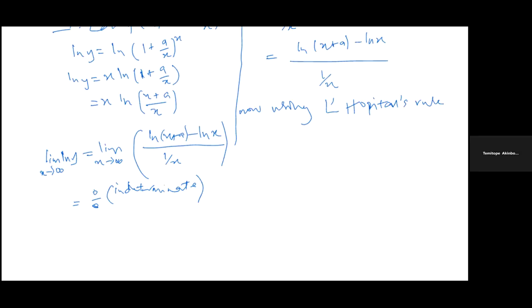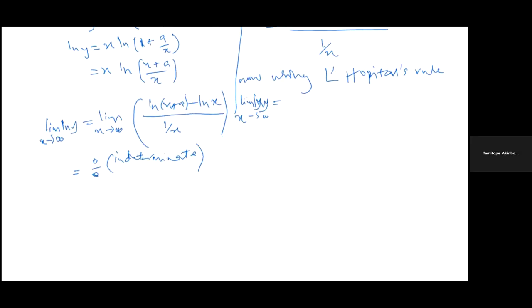So by L'Hopital's rule, the limit of ln y as x tends to infinity equals the limit as x tends to infinity of, so I will now differentiate the numerator.